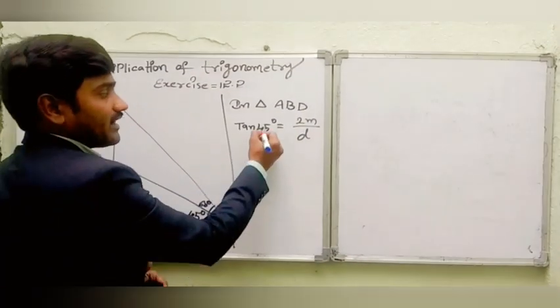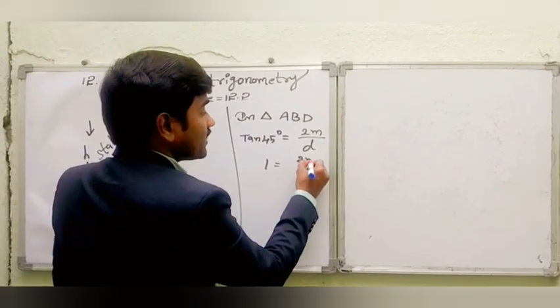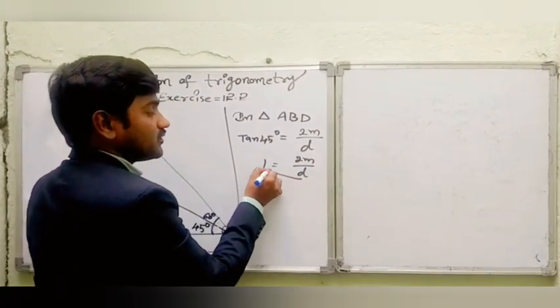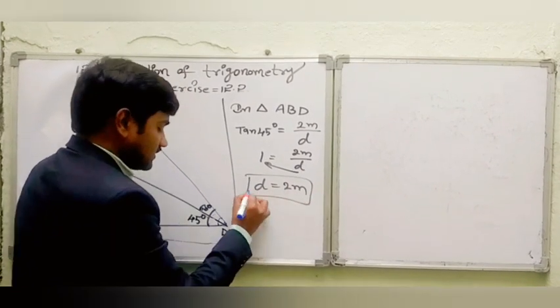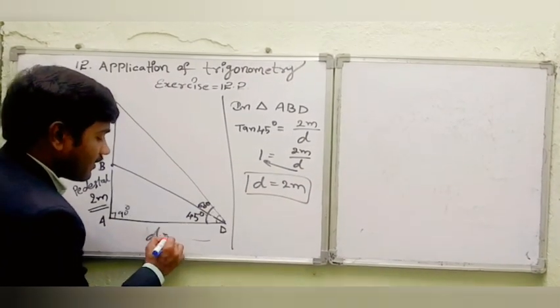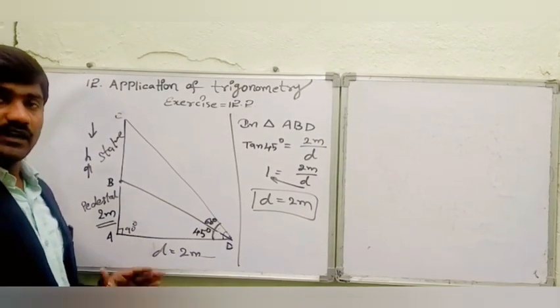Tan 45 equals 1 from the trigonometric ratio table, so 1 equals 2 meters by D. As you transfer this side, D equals 2 meters. That means this boy is standing 2 meters in distance from this pedestal.